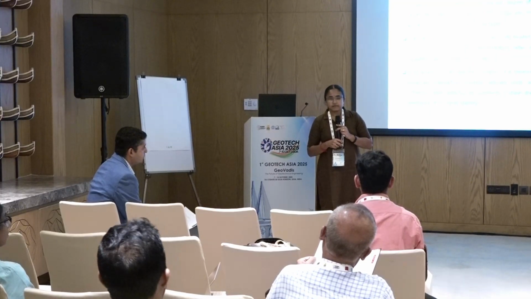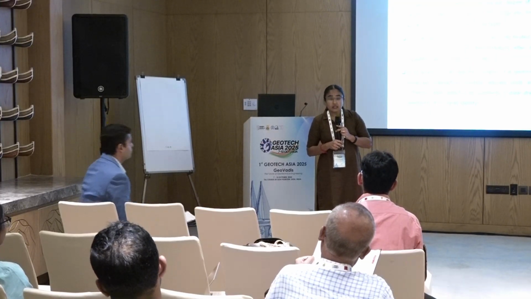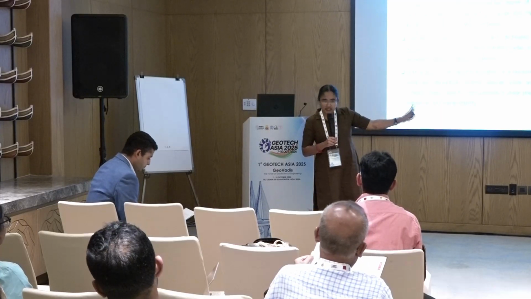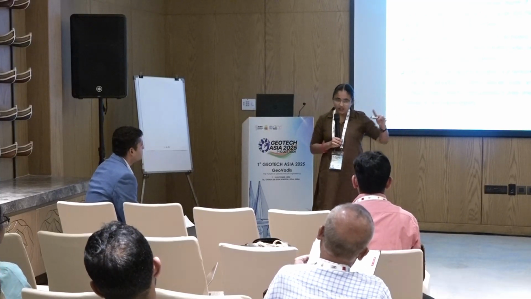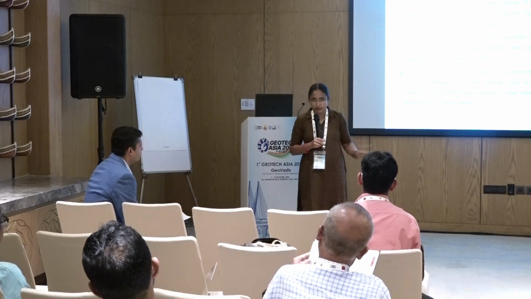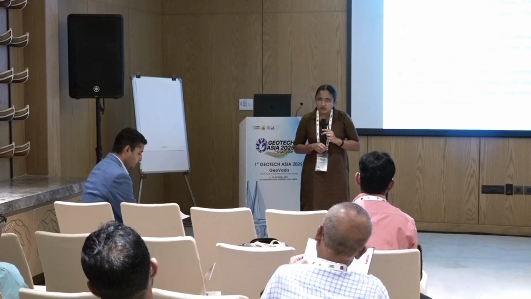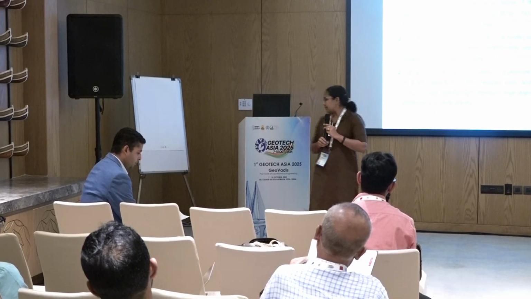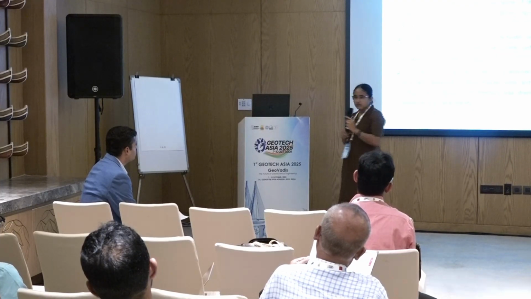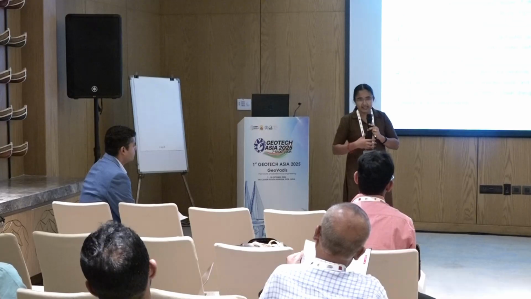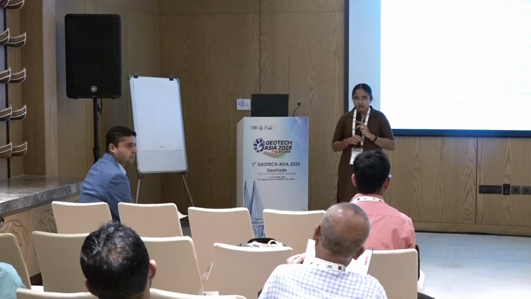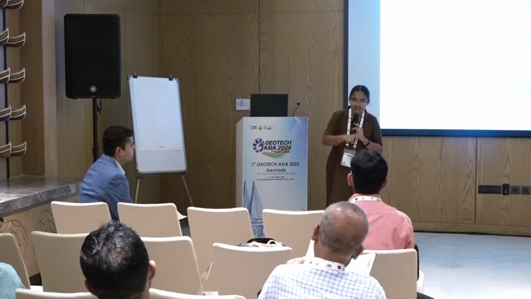How much percentage did you add? We have taken up to 6%, and strength is increasing, but the optimum is 4%. What were the properties of bentonite, liquid limit or anything? I have not included that, but it was less than 100 because it should be moderately expansive. It should not be highly expansive, otherwise that itself becomes a problem.